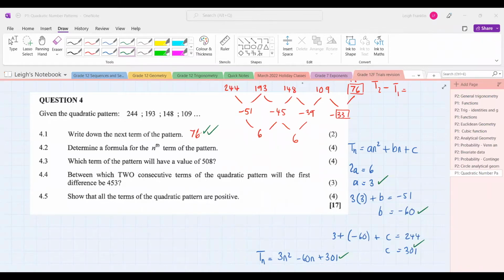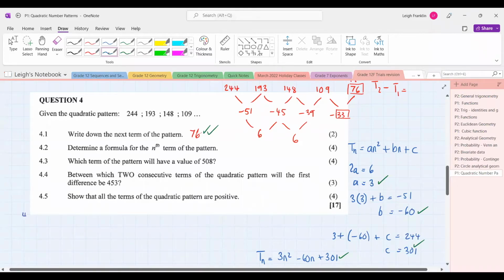So now we need to do 4.3. Okay, so 4.3 next, guys. Which term of the pattern will have a value of 508? What are we going to do here?